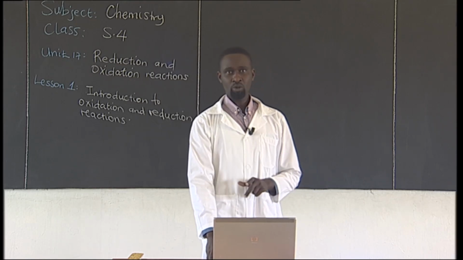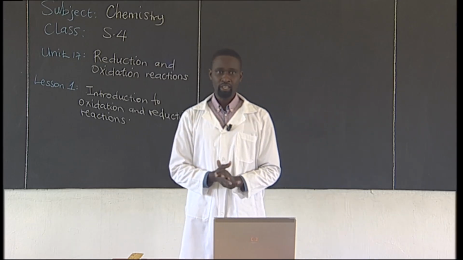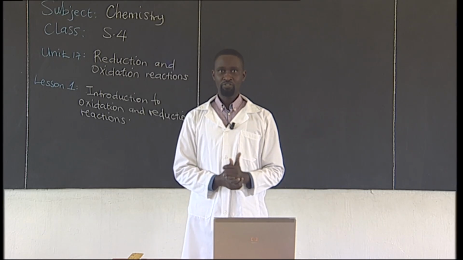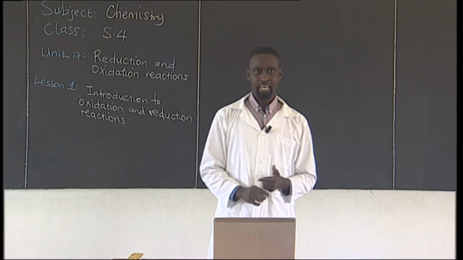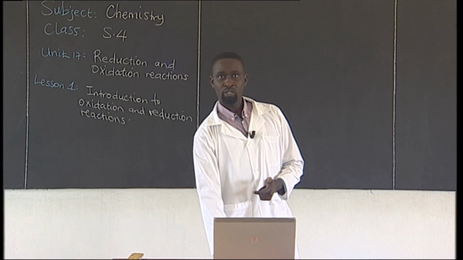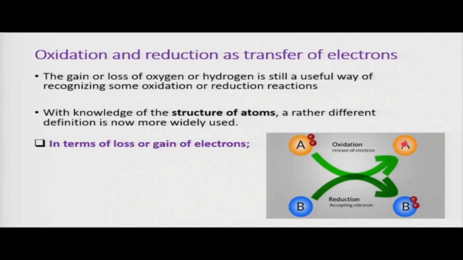So let's take a close look at the image we have on the slide. You have a component A. Look at the slide there. You have the component A losing electrons, and you have B gaining electrons, as you see in these illustrations.